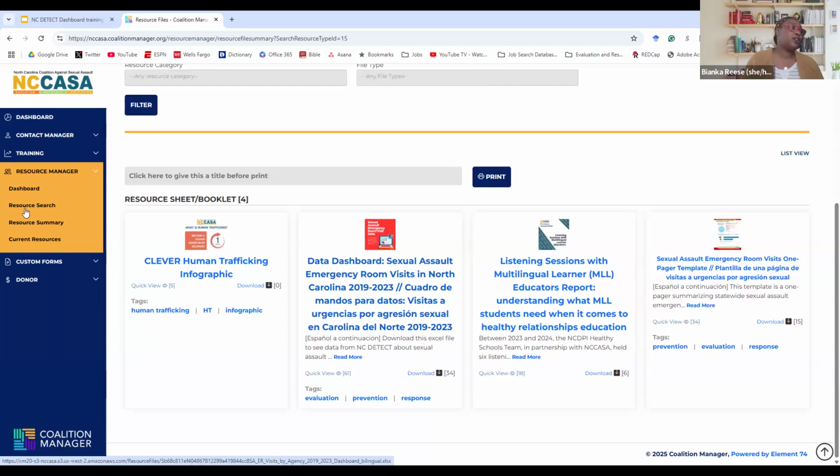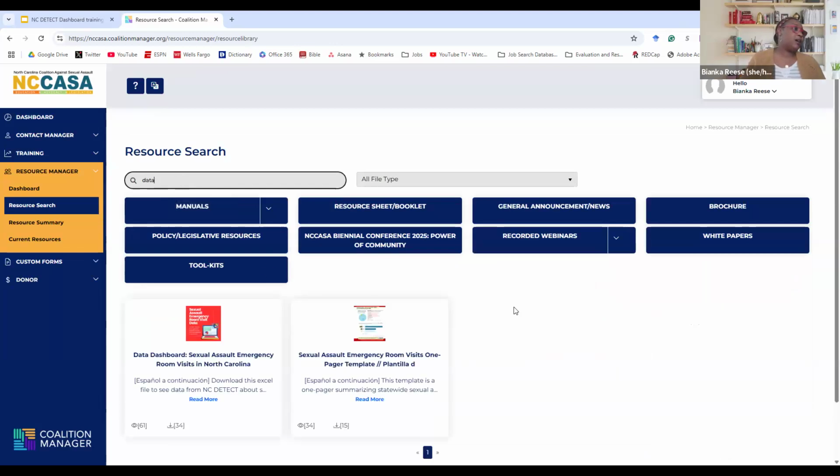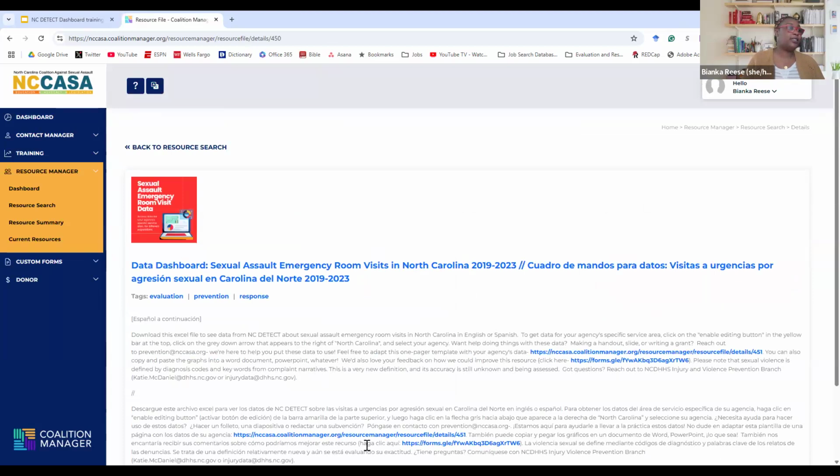You can also search for it using the resource search button on the left side, and just type data, and it will come up here, and this is what it looks like. And you'll have to download it by clicking. And it will emerge.